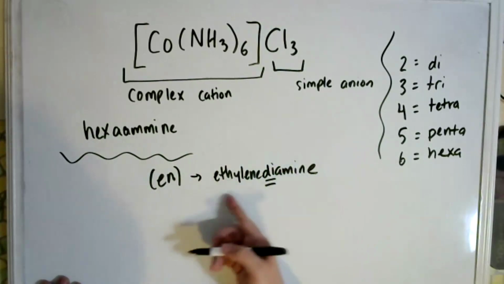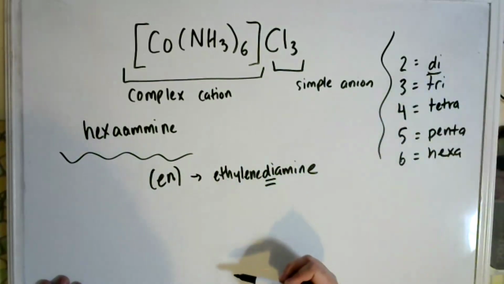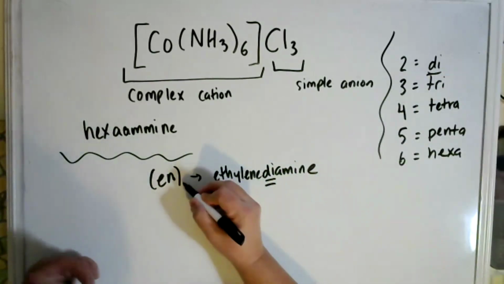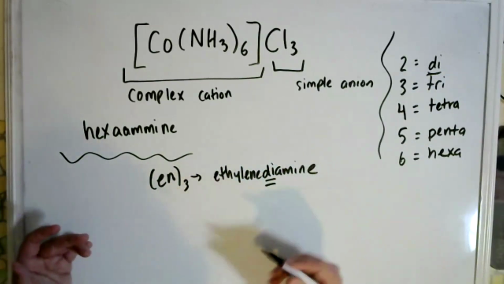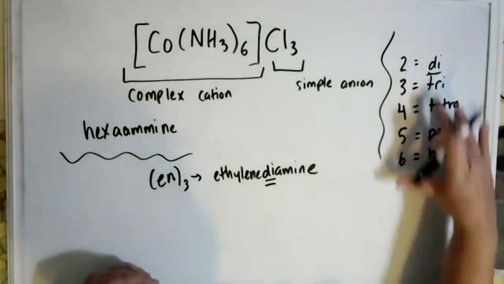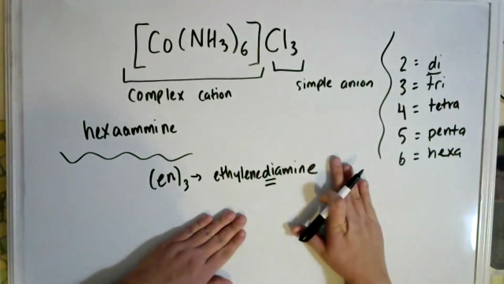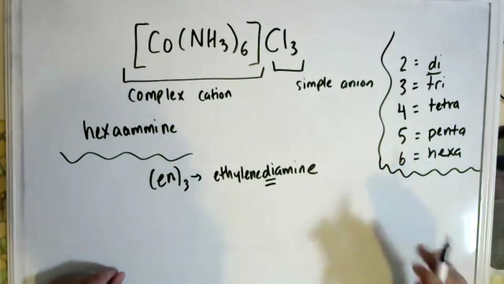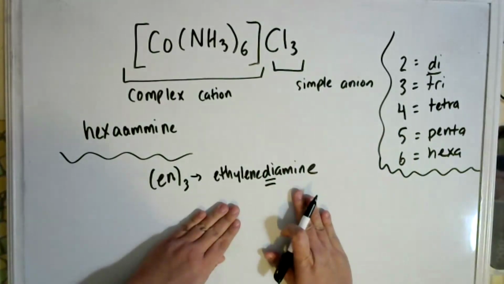So you see how this name has a prefix already in it? That means that if my compound has 2 of these or 3 of these, I can't use one of these prefixes to indicate how many ethylene diamines I have. I have to use a separate set of prefixes for something like ethylene diamine.